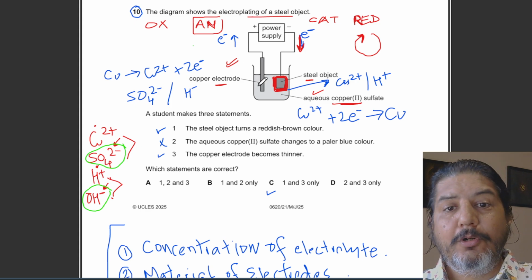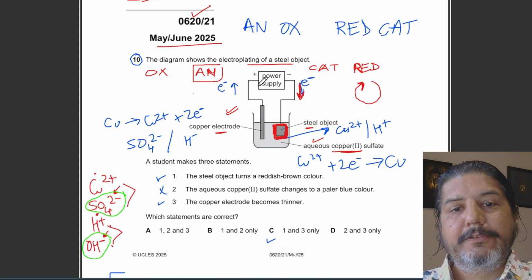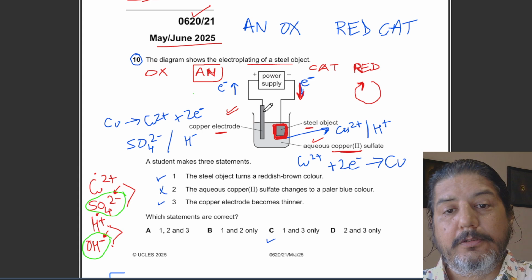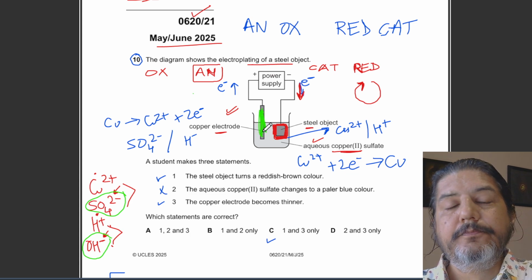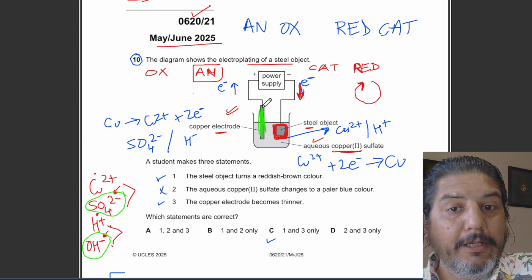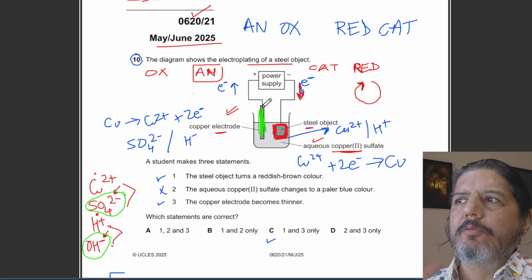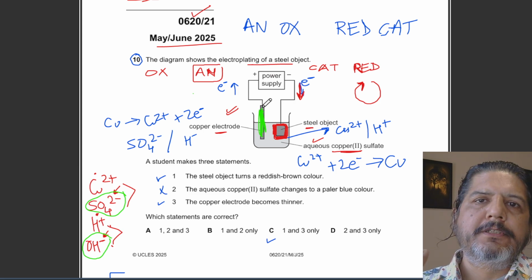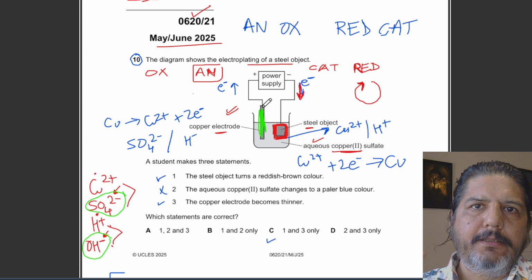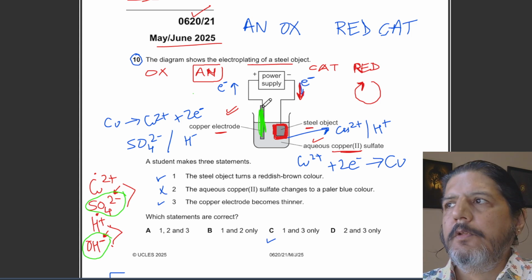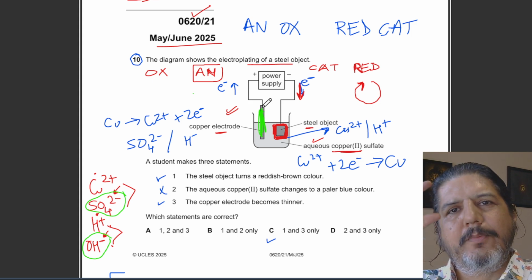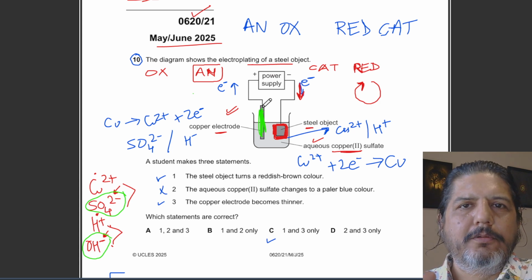If you look closely, what we have here is a condition where this electrode itself is copper. When copper is there, then almost the whole of the process is overtaken by the electrode itself. The whole of the discharge is basically ruled now by the electrode.